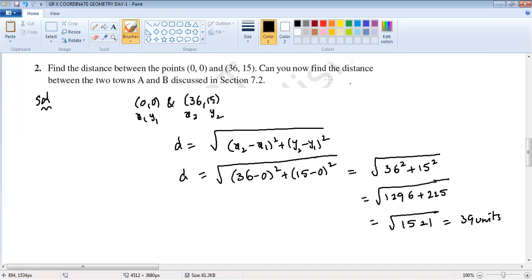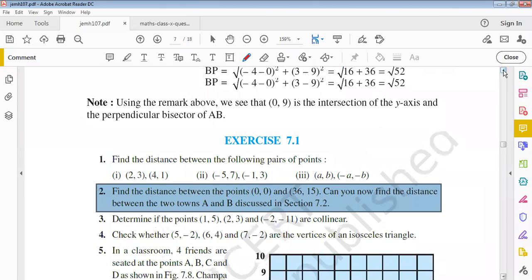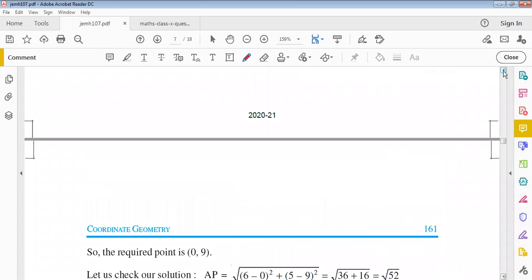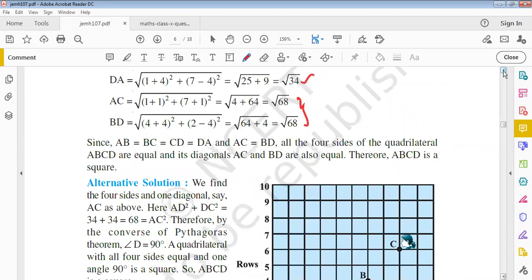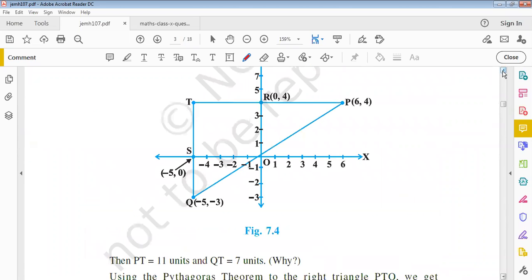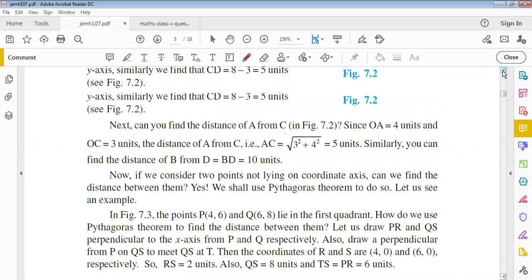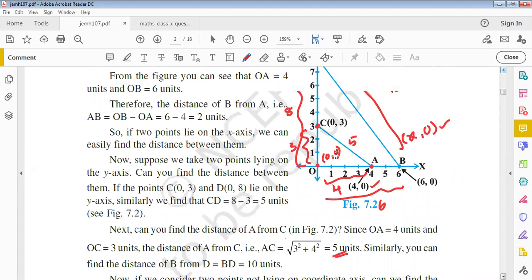Now he's asking, can you now find the distance between the 2 points A and B discussed in Section 7.2? Definitely we can find it. Let us see Figure 7.2.